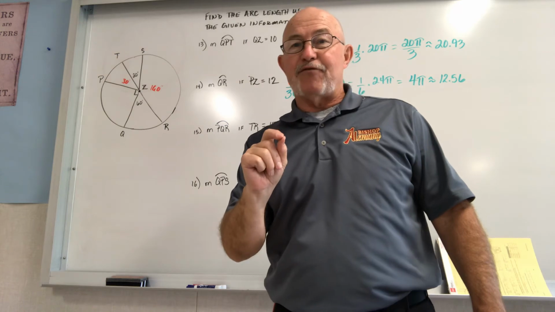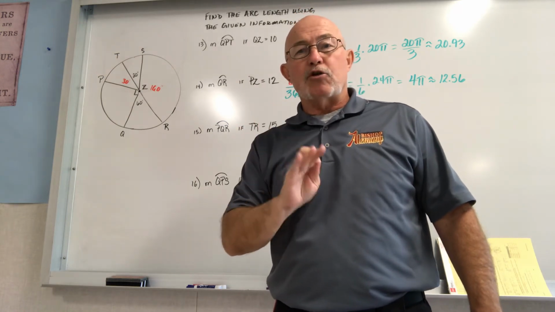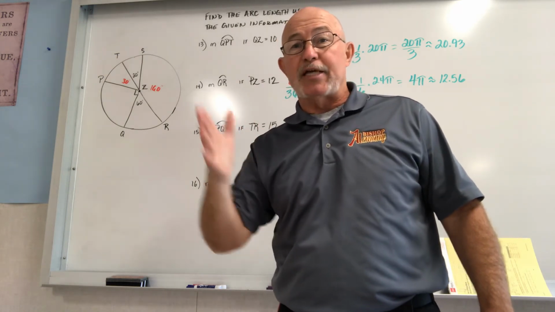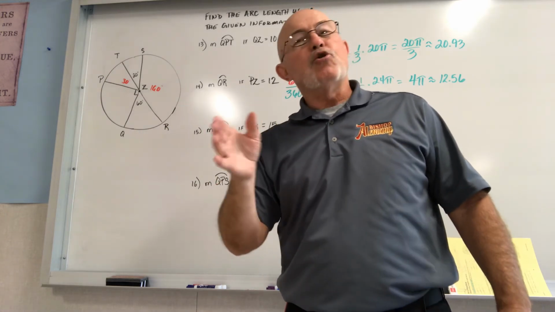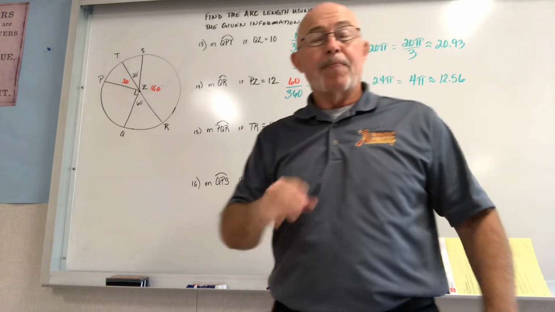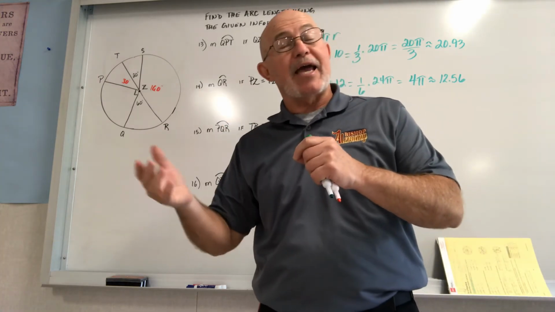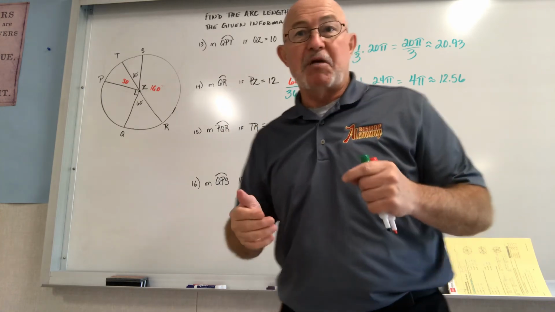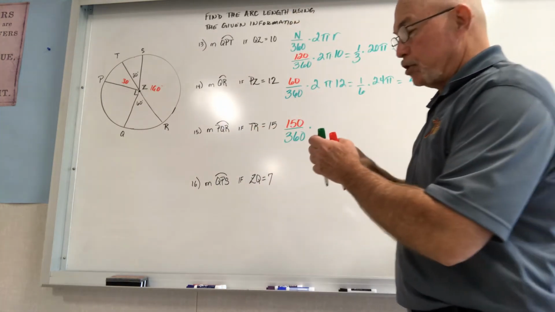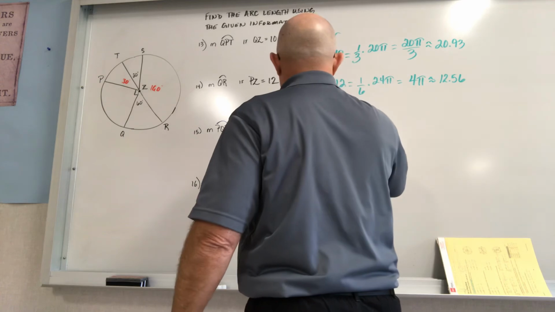Make sure you read carefully for that. Remember, the circumference of a circle can be written as 2 pi r, and 2 times the radius is the diameter. We could say diameter times pi. Take out the middleman, which is what we're going to do. We're just going to say 15 pi.